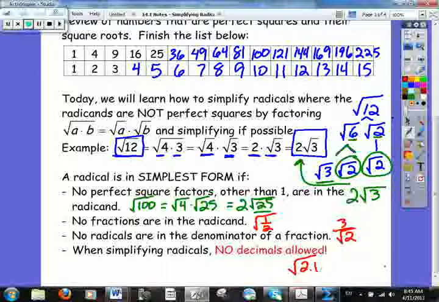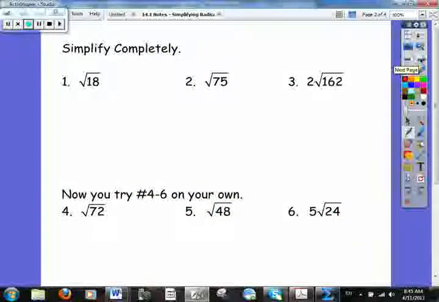Alright, so let's look at some examples here. Let's simplify the square root of 18. Alright, well, what are factors of 18? Okay, I've got 1, 18. Are either one of those perfect squares? Nope. 2 and 9. 9's a perfect square. 3 and 6. Are either one of those perfect squares?